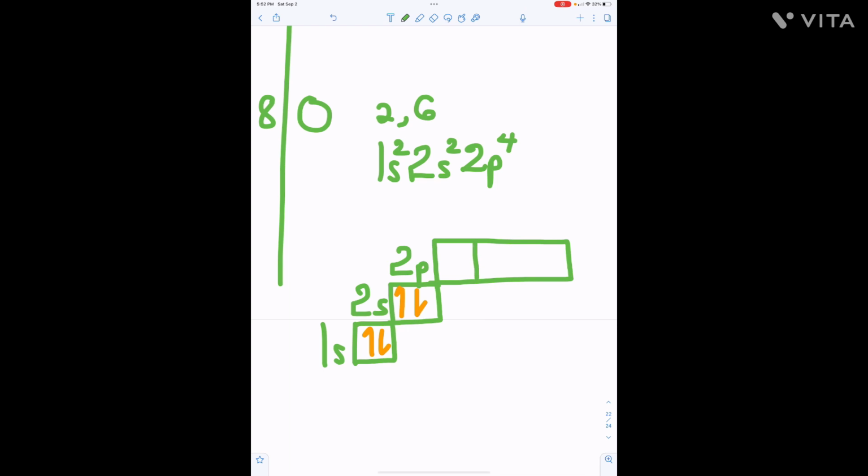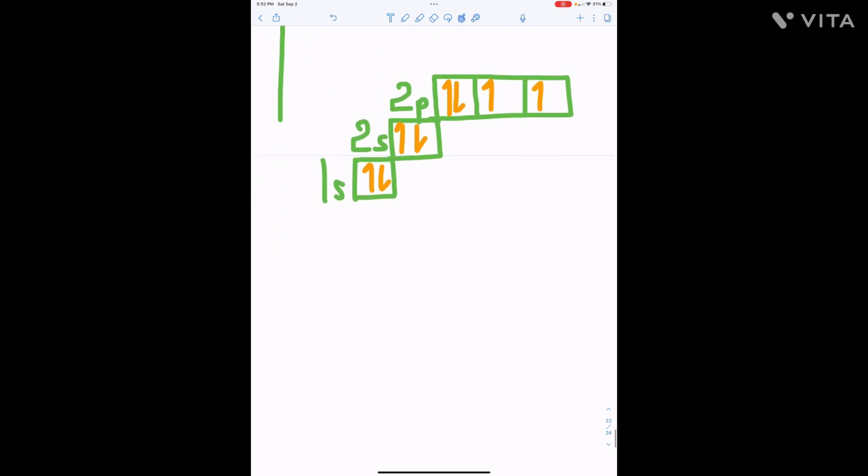Any p subshell has 3 orbitals and can take a maximum of 6 electrons altogether. But for this subshell, we don't have more than 4 electrons to fill into it. So I'll go 1, 2, 3, then 4. I hope you can see that.